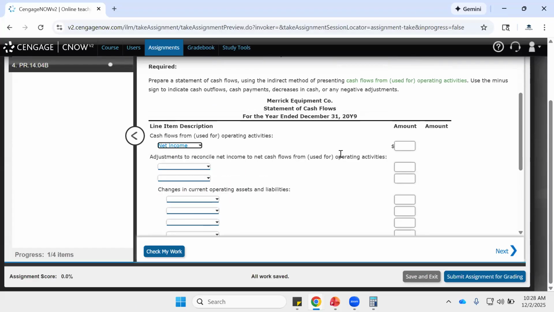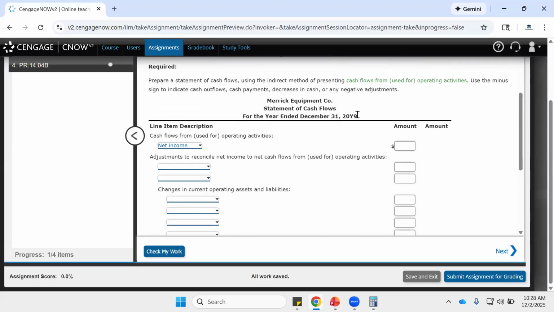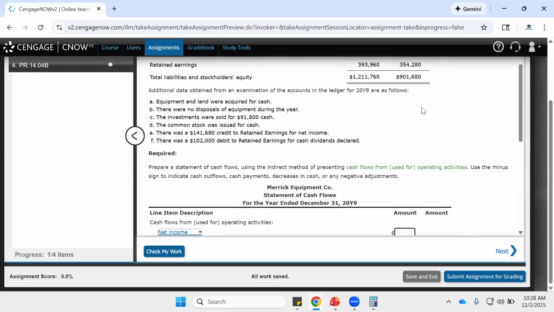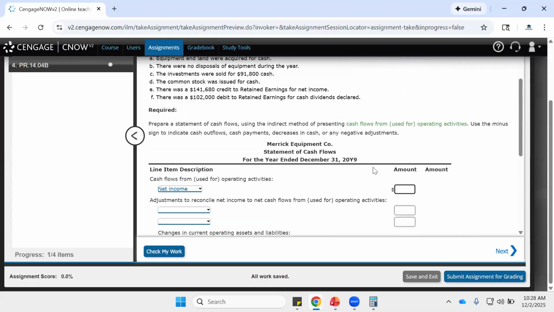The first line in cash flows for operating activities is net income under the indirect method. And then we work backwards, making cash adjustments to what was the actual cash flow from operations. And so our net income was 141,680.